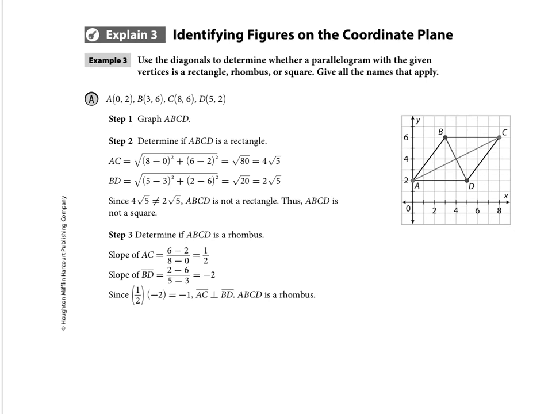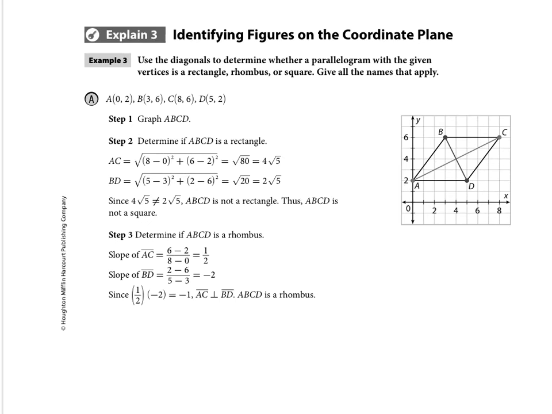So we have BD next that we need to find the slope of, 2 minus 6 all over 5 minus 3, and we get negative 4 over 2 simplifies to negative 2. And since those two slopes have a product of negative 1 or are opposite reciprocals, whichever way you want to think about it, then those two diagonals are perpendicular, and therefore ABCD is a rhombus.